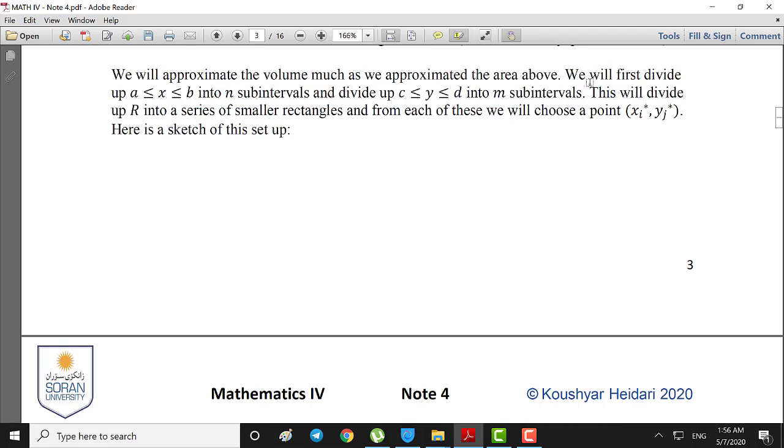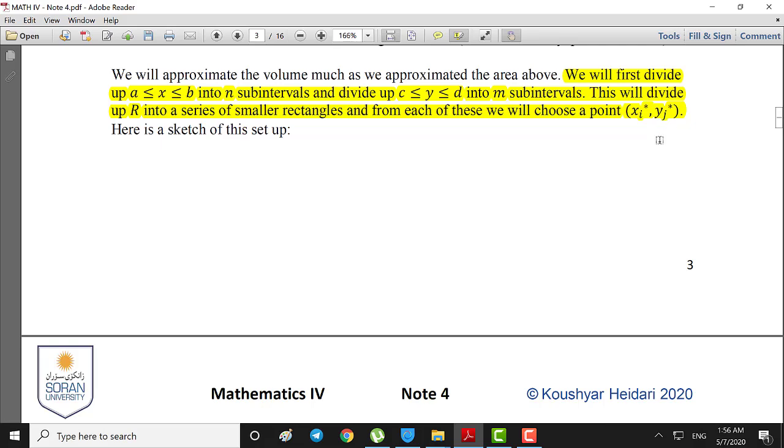So this is what we do first. We divide up the x side into n subintervals. Then we divide up the y side into m subintervals. And from each of the smaller rectangles that is created, we're going to choose a point which we call xi star, yj star.